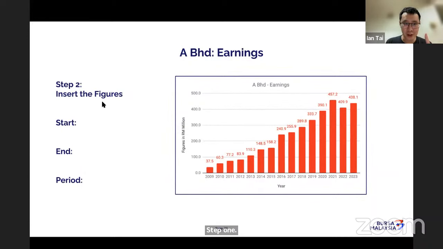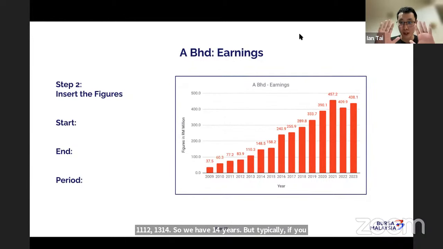Now, step two. Step two is actually to insert the figures. Now, this is a figure, let's see, 1 year, 2 years, 3, 4, 5, 6, 7, 8, 9, 10, 11, 12, 13, 14. So we have 14 years. But typically, if you want to standardize it, you can always stick to 10 years. So step two is about determining what figures you want to key into the calculator.